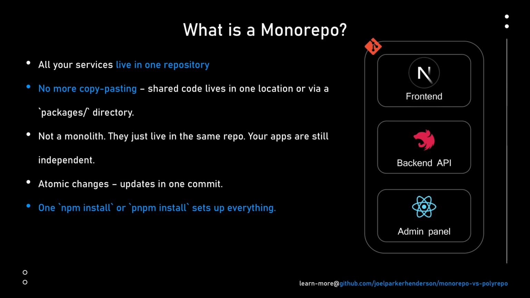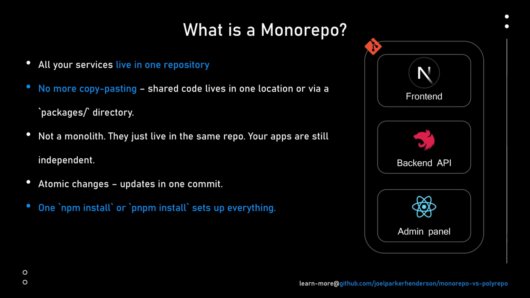We discussed polyrepo. Next is the monorepo. From the term mono and repo, mono is singular and repo is repository. So all your services live in one repository. In the visual here, you create a Git repository and all your services, the front end, the back end, and the other front end code, live in the same repository.